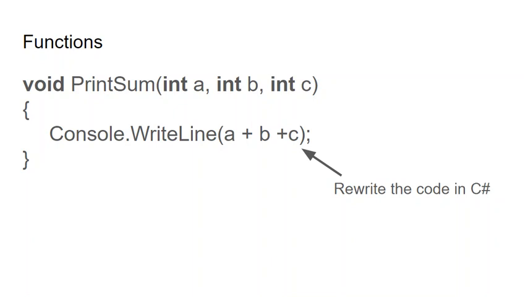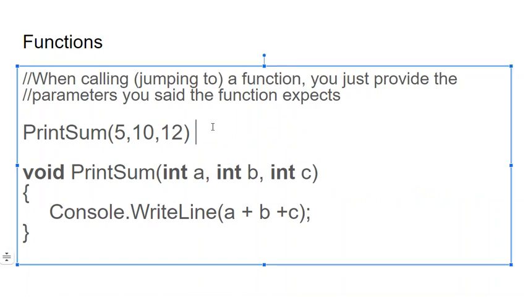Okay, now how would you use this function in C#? The same way you would use it in any other language like Lua or Python. You use the function name followed by the parameters to the function. So this would drop the number 5 in, and that would become A. 10 would become B, and 12 would become C. This function would add them up and print it all out.